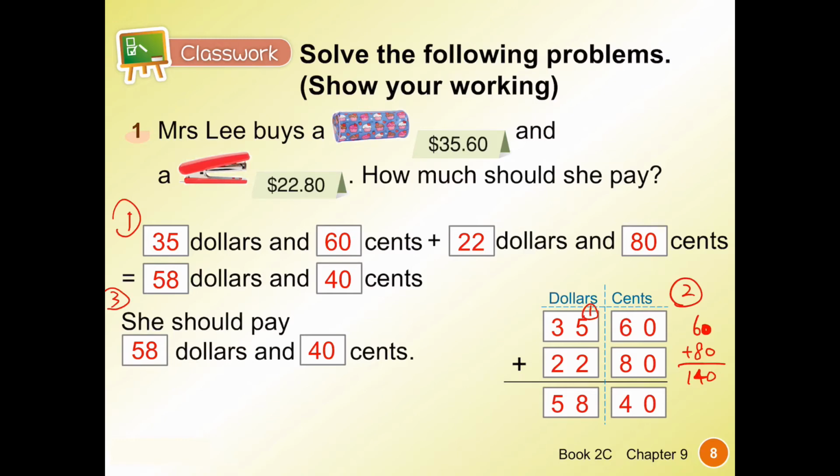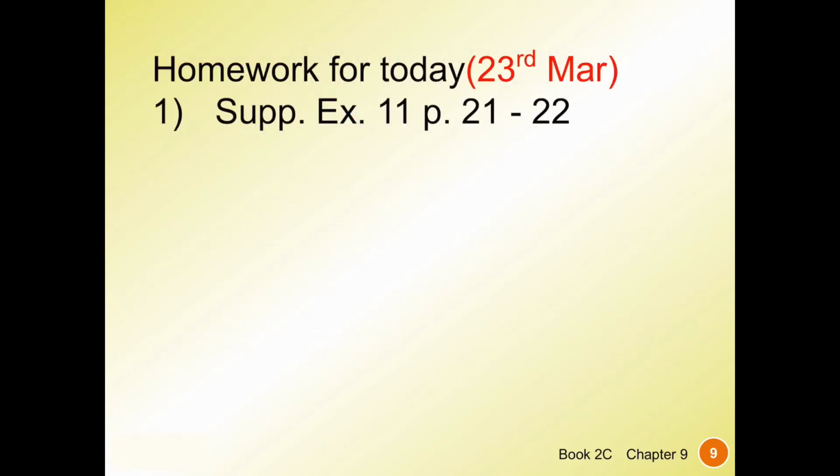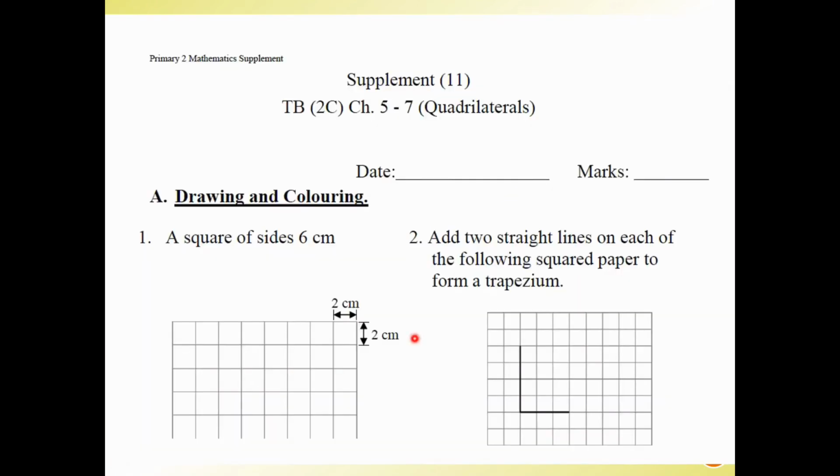And I'll leave question number 2 to work on tomorrow. For today's homework, it will be supplementary exercise 11, page 21 to 22. And this is the top part for page 21. Question 1, you are asked to draw a square of sizes 6 cm.